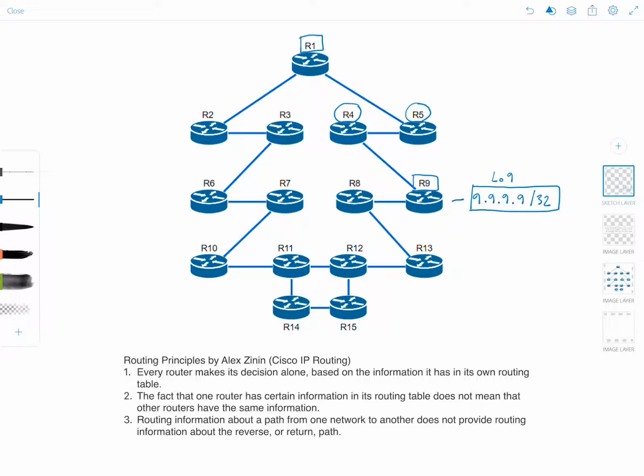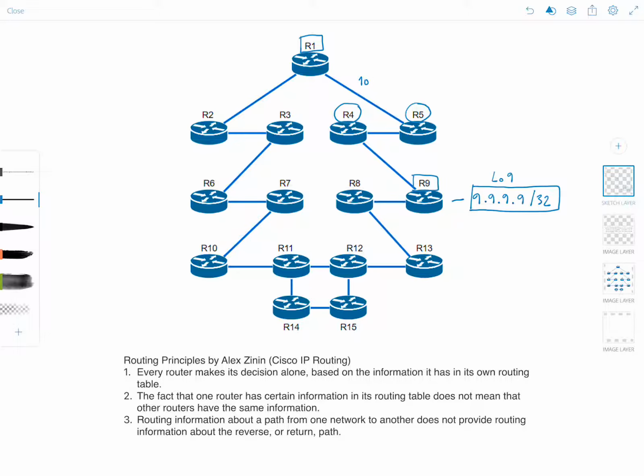That does not mean that the packet will find its way back to R1. Now let's actually think about the IP packet that R1 is going to generate when it sends that ping. Let me create another network here.